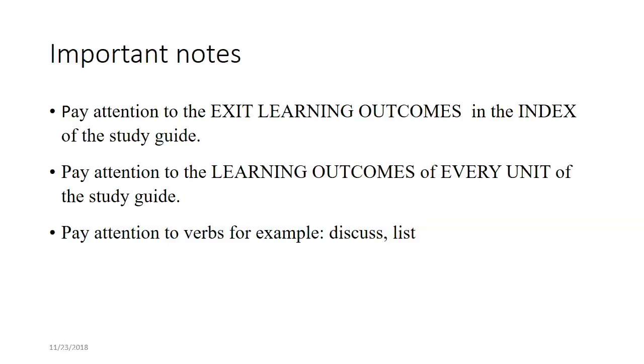Please pay attention to the exit learning outcomes. At the beginning of each chapter, there are learning objectives. Those learning objectives are very important because they guide you on what you should know in that specific topic. So you should really read them and then study the chapter. After studying the chapter, you come back to those learning objectives so that you can answer them.